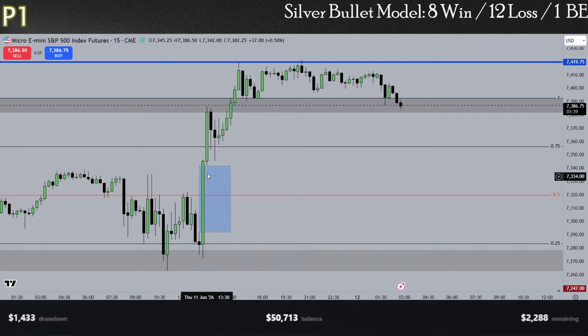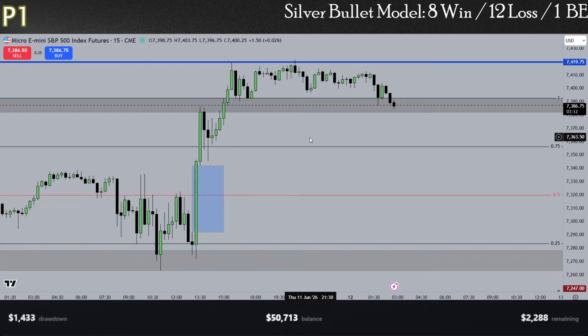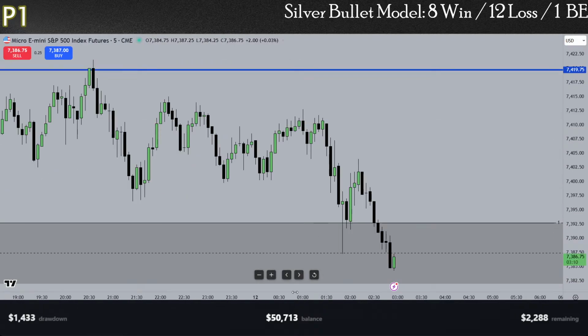But do I want the price to go all the way down there to potentially clean up the buy side? Not necessarily. I would prefer to see it stay open for the majority of the time. So I wouldn't say this is something that we need to come back for right now.